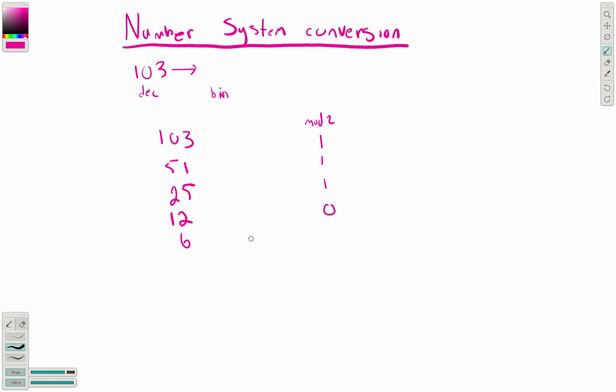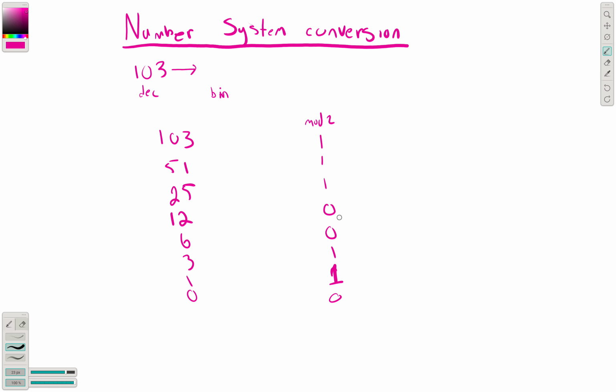That goes to 6. 6 is even. And then we get 3. 3 is odd, and then a 1. And then 0, 0.